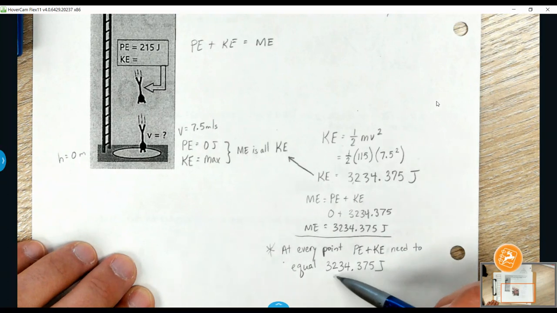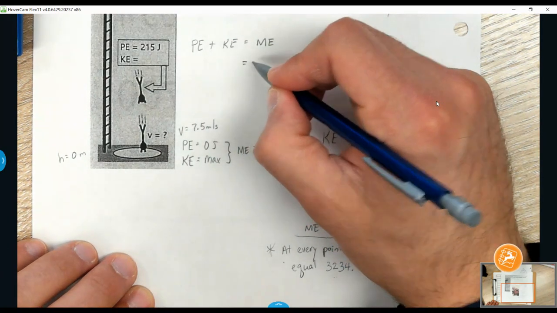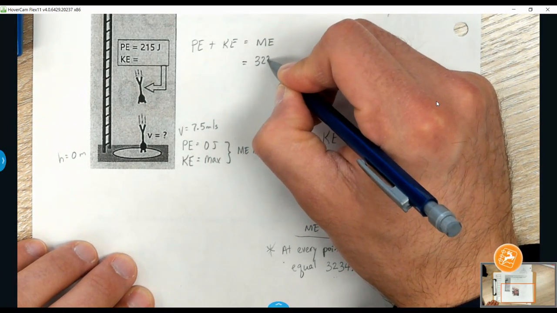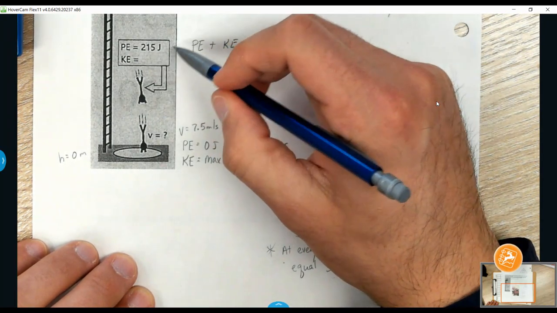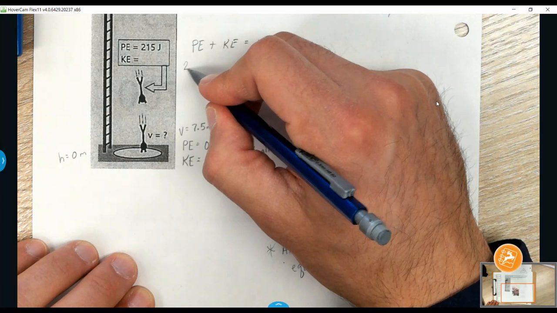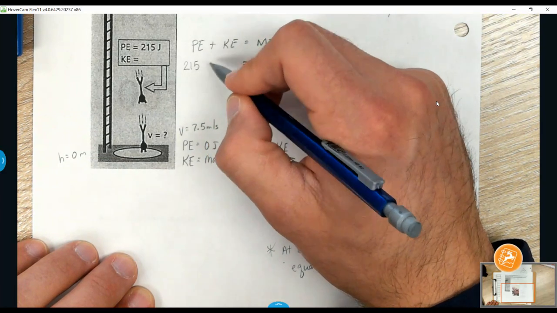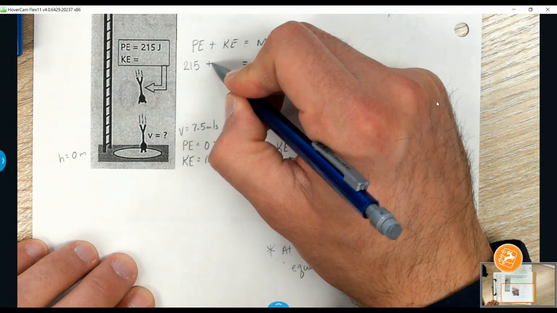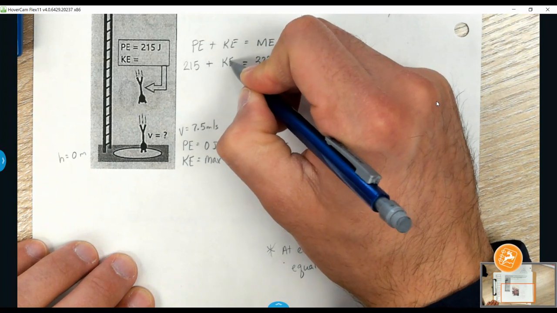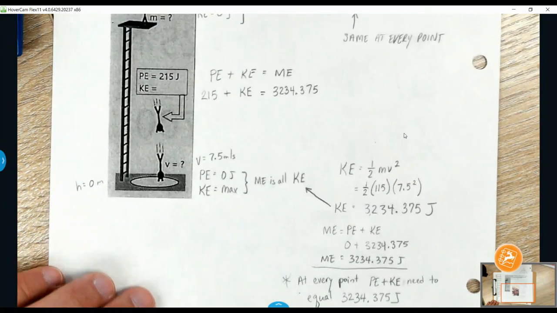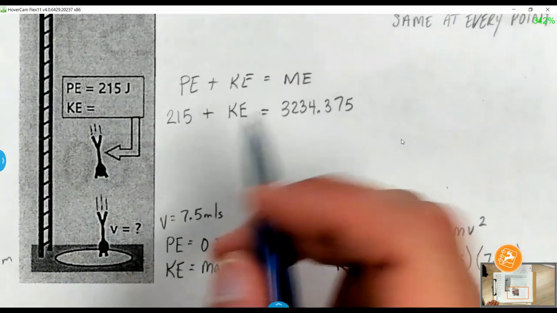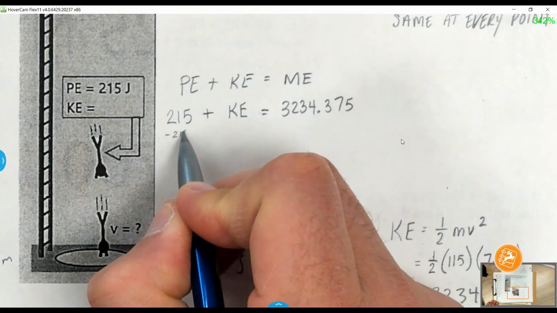My mechanical needs to be this value. The potential energy at this point is 215. To get KE by itself, we need to subtract 215 from both sides.